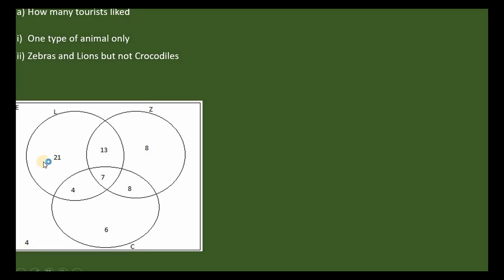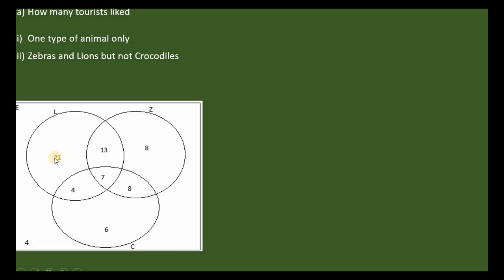In this case, for those who watched one type of animal only, we had these who watched lions only, also these who watched zebras only, and also those who watched crocodiles only. We cannot take 8 in this case, 7 or 4, because if you take 8, then it means you are calculating for those who watched zebras and crocodiles.